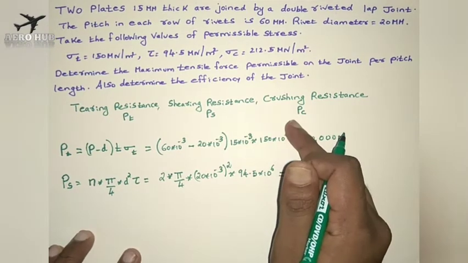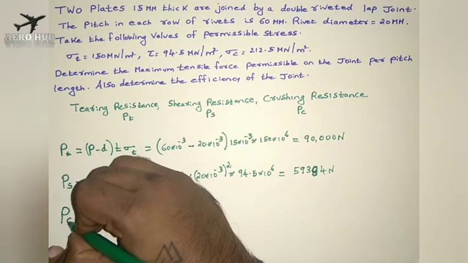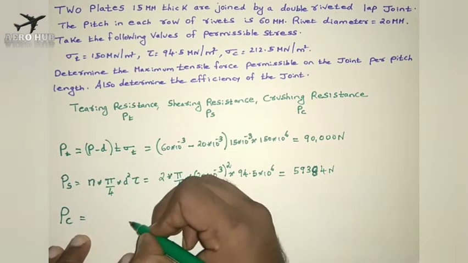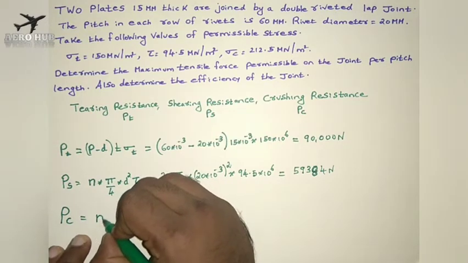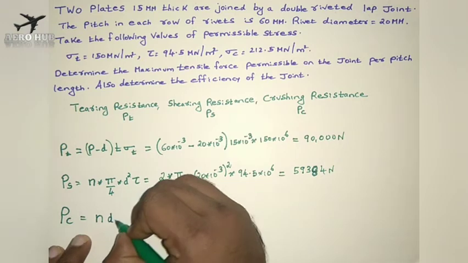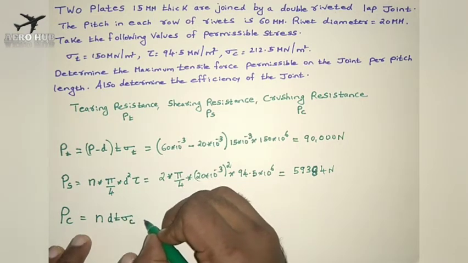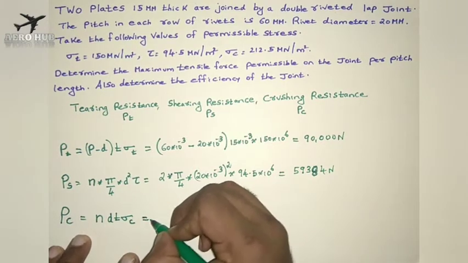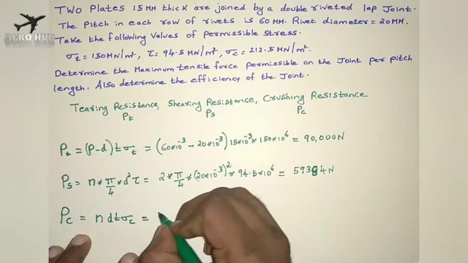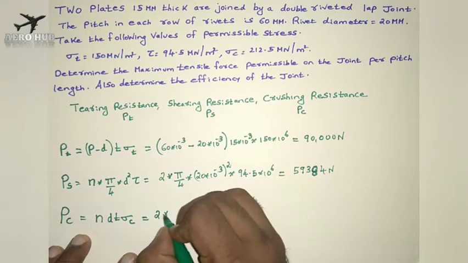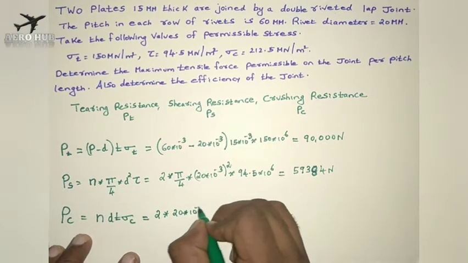Now we will find out the value of crushing resistance. Pc is equal to, we have the formula for crushing resistance, that is N into D into thickness into sigma c. N is the number of rivets per pitch length, which we already found in the previous step, that is 2, into the diameter, 20 millimeter, which I have to convert into meters.